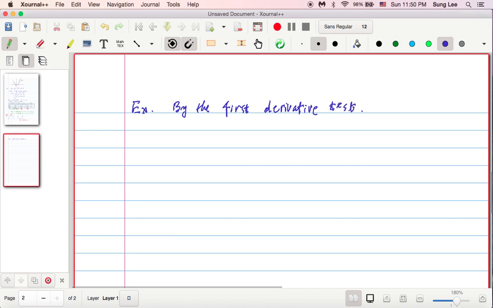So by the first derivative test, we see that f of 0, which equals 5, is going to be a local maximum.